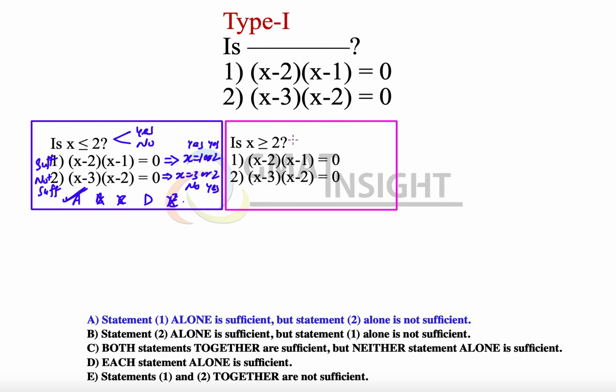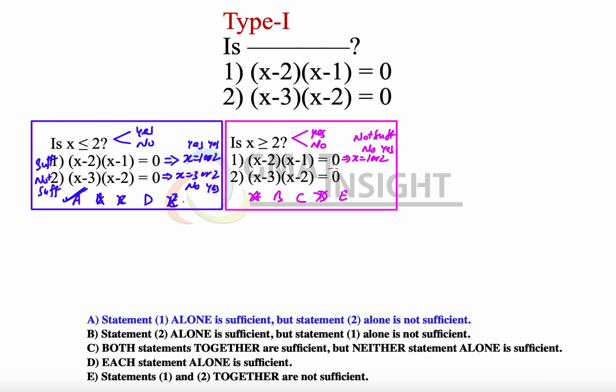The answer again needs to be given in the form of either yes or no. The first statement says that x is either 1 or 2. While 1 is not greater than or equal to 2, 2 is, because the equal to sign makes the answer yes. Because the first statement gives us an inconsistent answer, the first statement alone is not sufficient. That means options A and D can be ruled out.